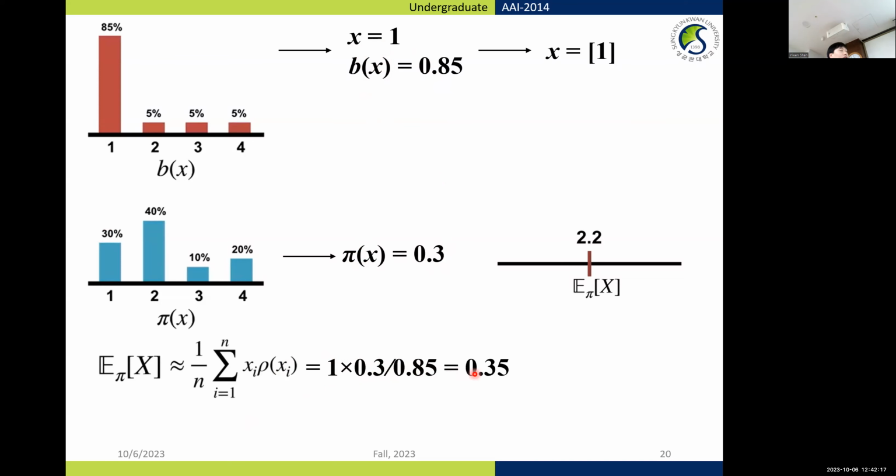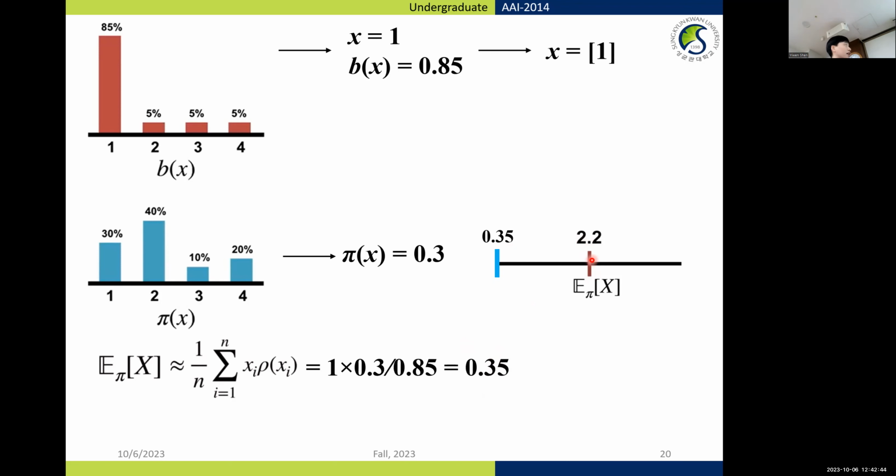If you calculate, it equals 0.835. This is the first estimate of the expectation of x under policy pi, and it is located here. It's kind of far from the actual value.